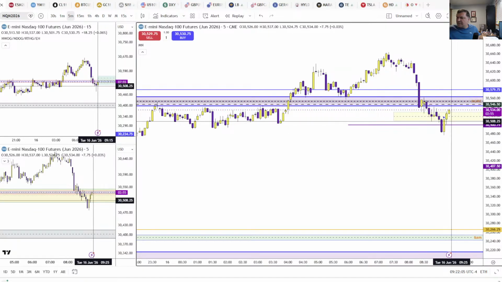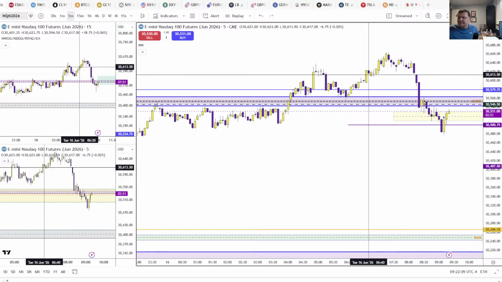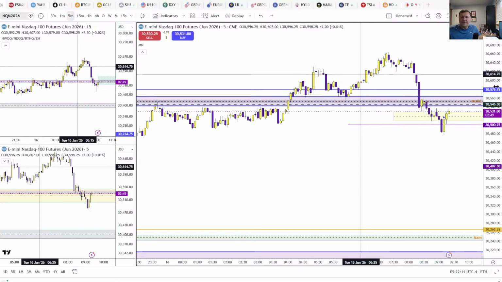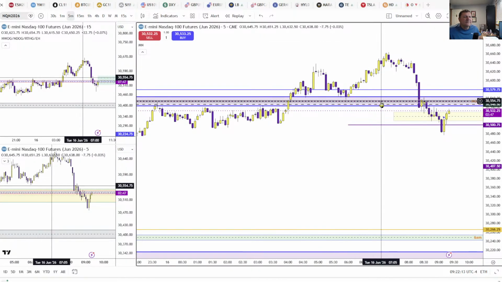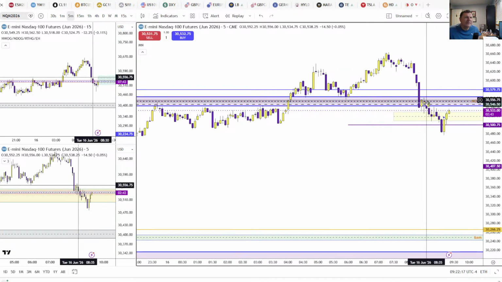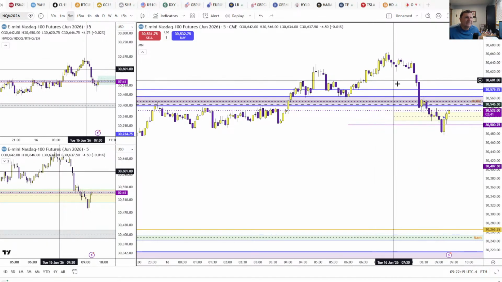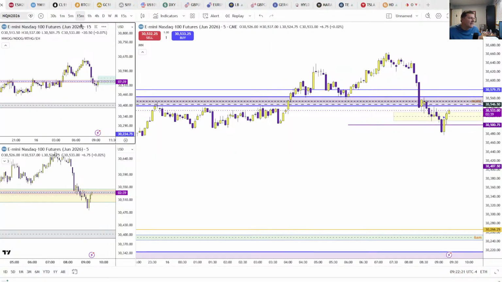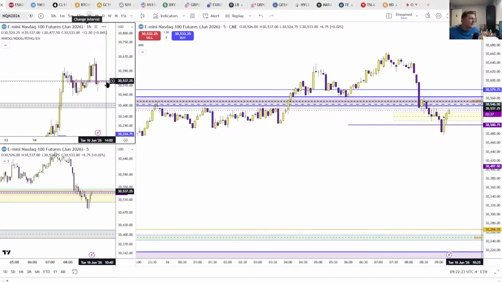So where we're looking now, I'd like to see us get above here and start motoring into that hourly area that we're looking at, which is right in here.